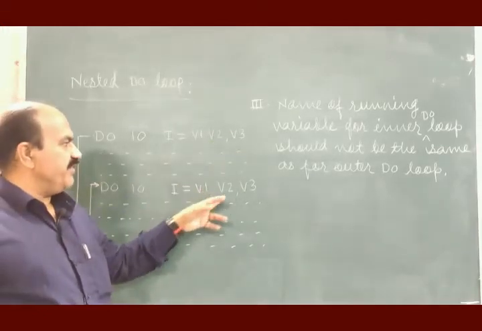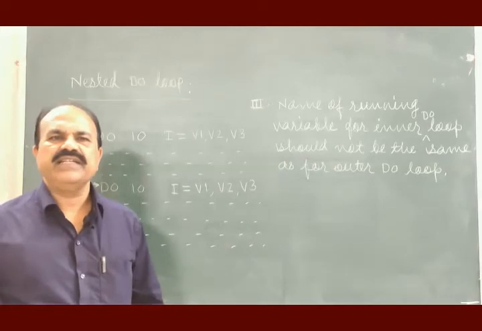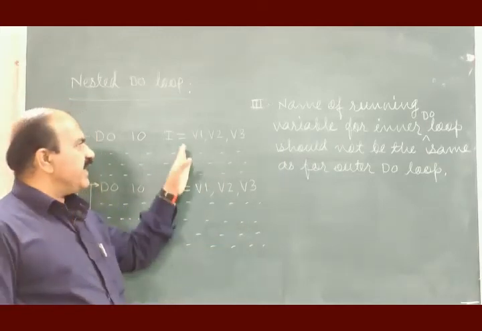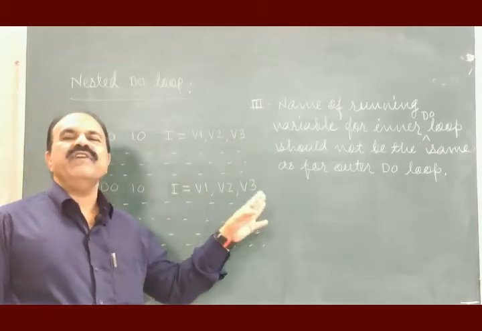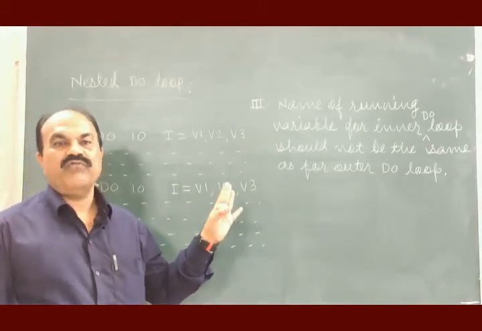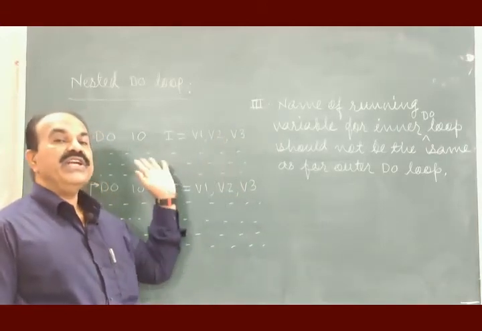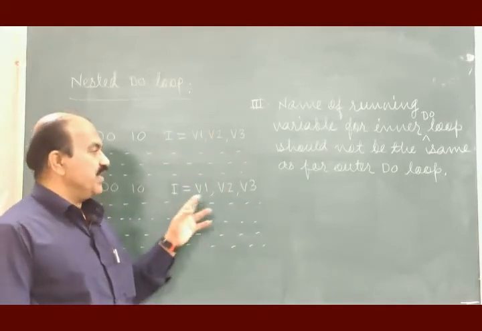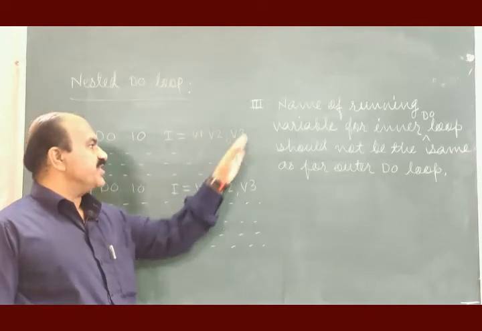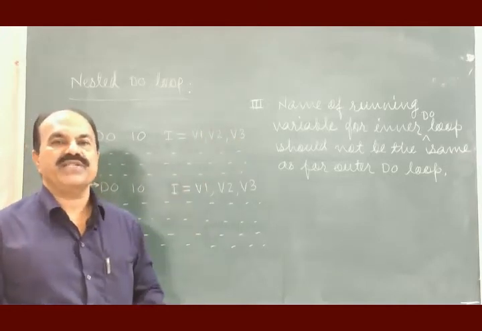The variables v1, v2, v3 have different values in the outer loop and different values in the inner loop, so that is not going to matter.